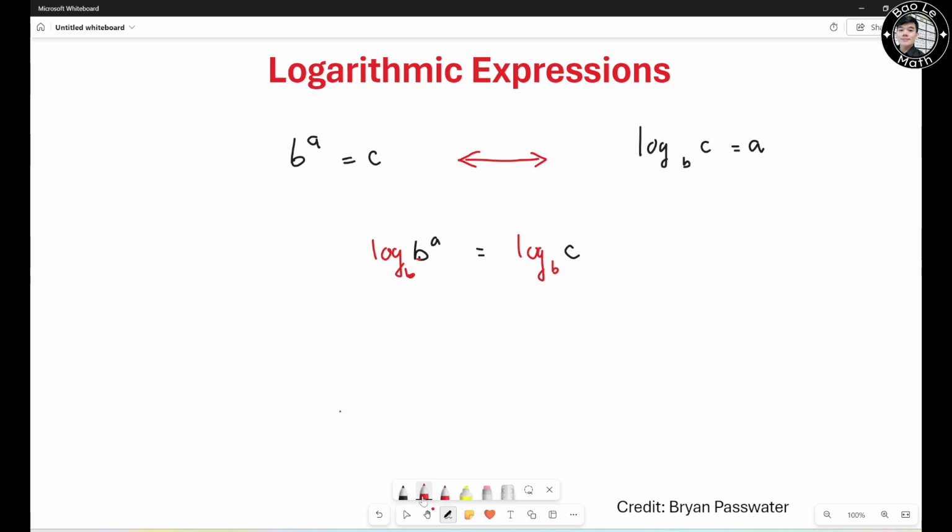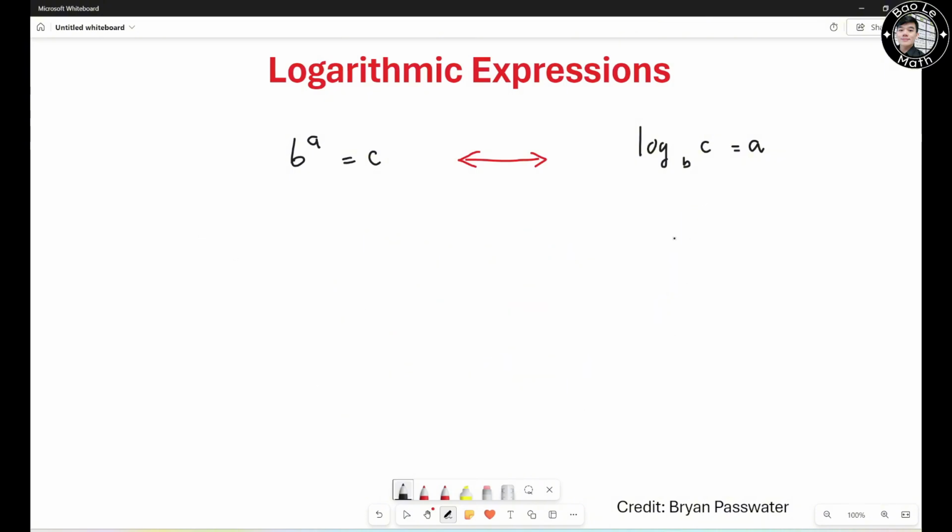The left hand side turns out to be log base b of b raised to the a. I bring a to the front, so it's a log base b of b equals log base b of c. Alright, so log base b of b equals 1. So I have a equals log base b of c, which is the one right here.